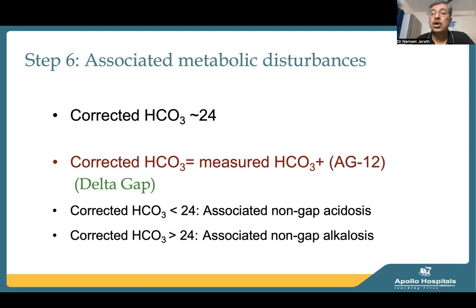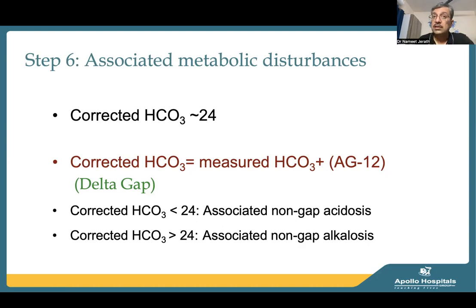If it is not 24, then there is some other metabolic problem which is happening simultaneously. So we want the corrected bicarbonate to be 24. But if the corrected bicarbonate is less than 24, which means there is an associated non-anion gap acidosis happening. While if the bicarbonate is more than 24, then there is an associated non-gap alkalosis happening.